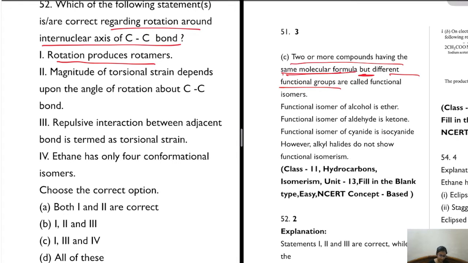Then, the magnitude of torsional strain depends upon the angle of rotation around the C-C bond. The third statement is that repulsive interaction between adjacent bonds is termed torsional strain. The fourth statement is that ethane has only four conformational isomers.